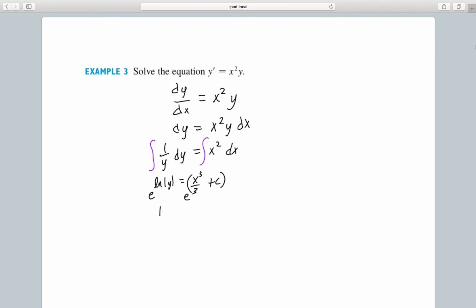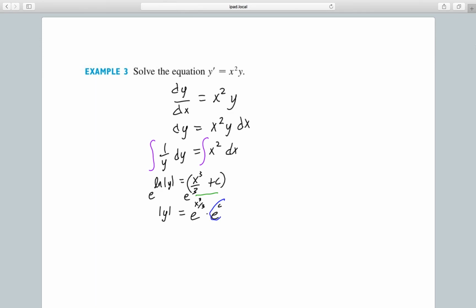All right, so on the left now we have absolute value of y equals. Now, when you add exponents, we can write that as a product of powers, right? So we can say that's e to the x cubed over 3 times e to the c.